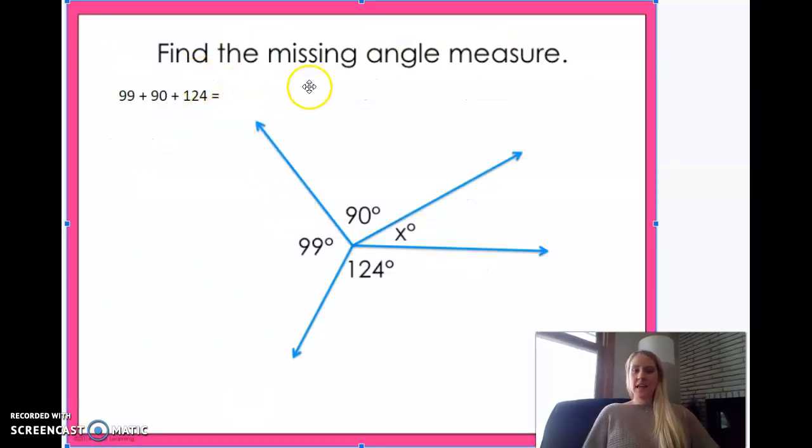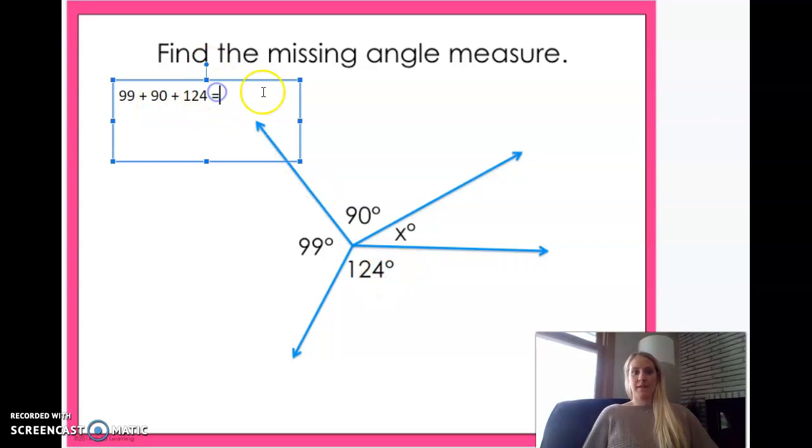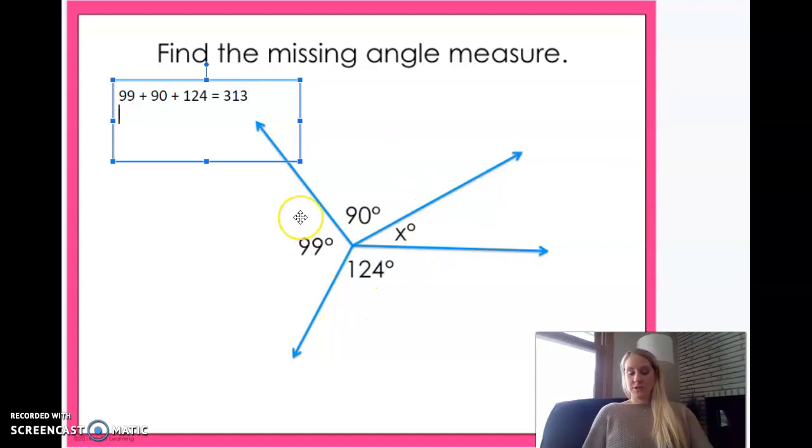All right, let's find the missing angle measure of these angles around a point. So we have 99 plus 90 plus 124. That equals 313. All four of these angles should equal 360.